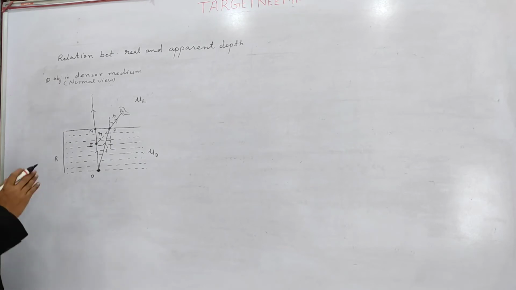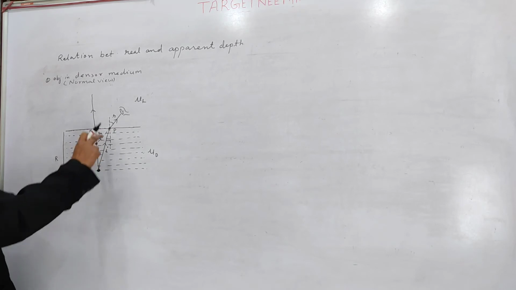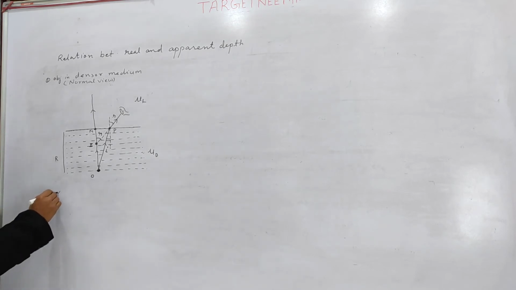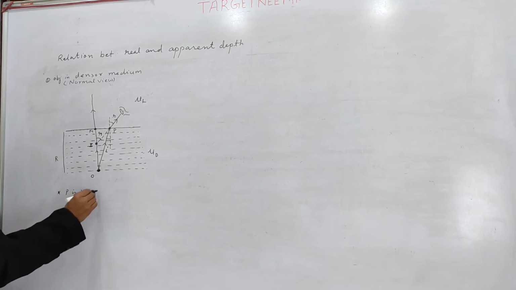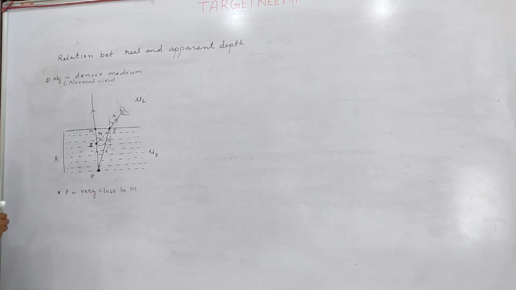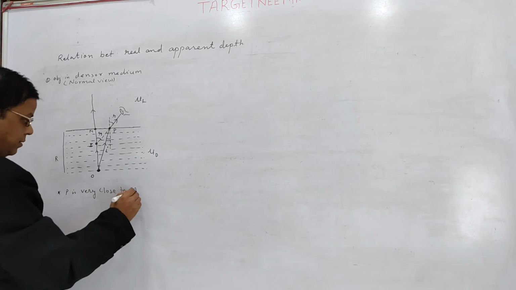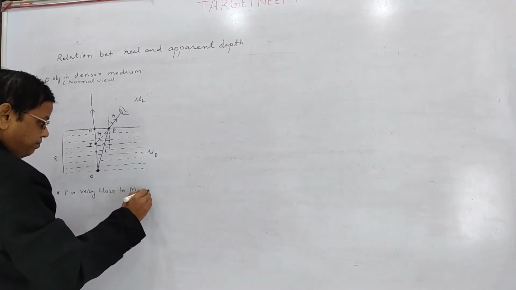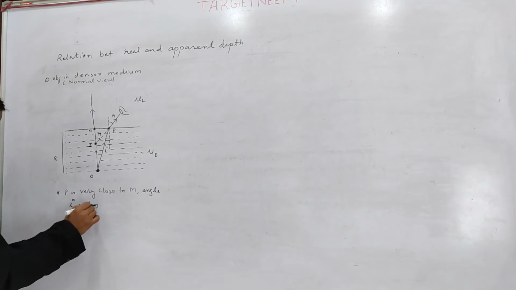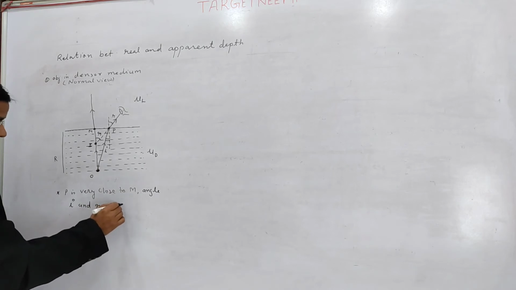Now here, if P is close to M, then these angles are small angles. This is our assumption, and you have to take this assumption throughout the derivation. P is very close to M, means point P is very close to point M, and that's called normal view. In these cases, angles I and R are small angles.